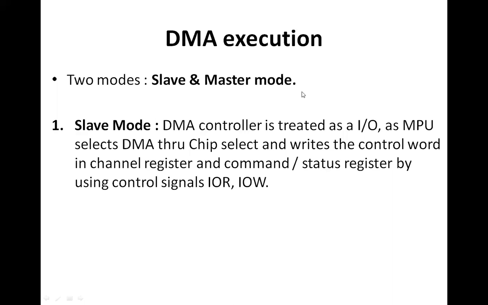The first and foremost step is that the microprocessor unit first selects the DMA controller through the chip select signal, and then the microprocessor unit writes the control word in the channel register or the command status registers by using the control signals, input output read or the input output write signal.